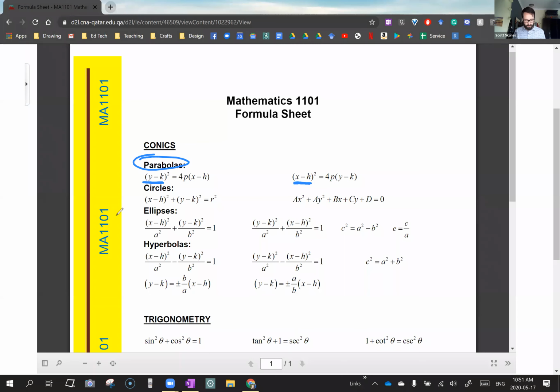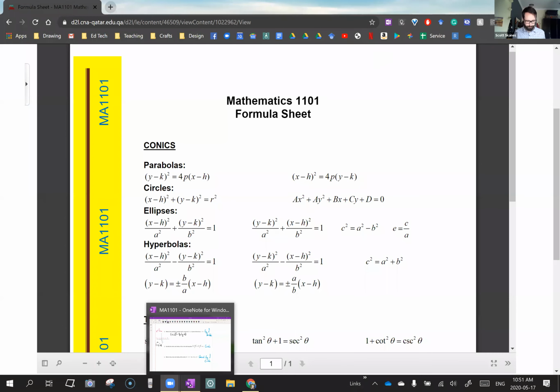And then if you want to know for circles and for ellipses and hyperbolas, they're all there. So this is your formula sheet. You can take a picture of this, or you can download it, or whatever you need to do. Just know where it is. Content, course information, formula sheet.